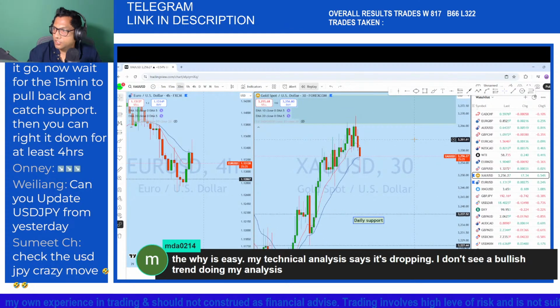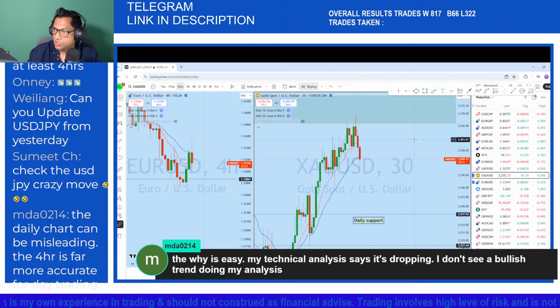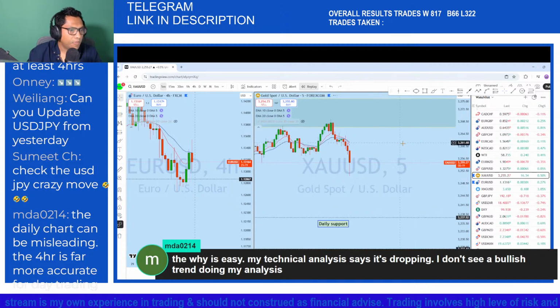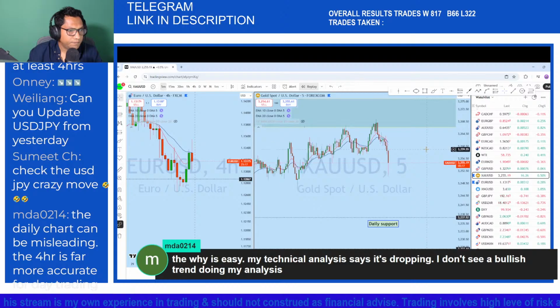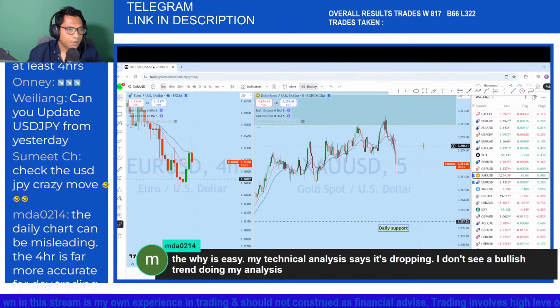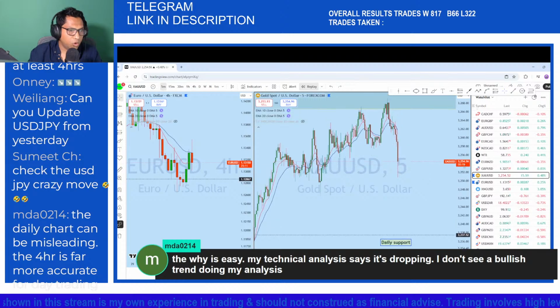Until we see the directional bias, we will be waiting to see how the market potentially will be trading. And here is the lower time frame, 1 minute chart.